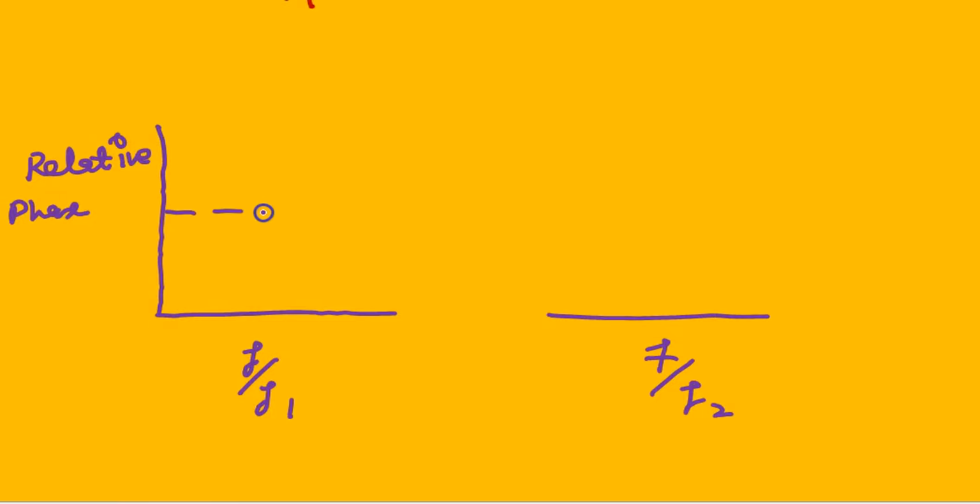Now we plot a graph between relative phase delay versus F upon F1 and F upon F2.